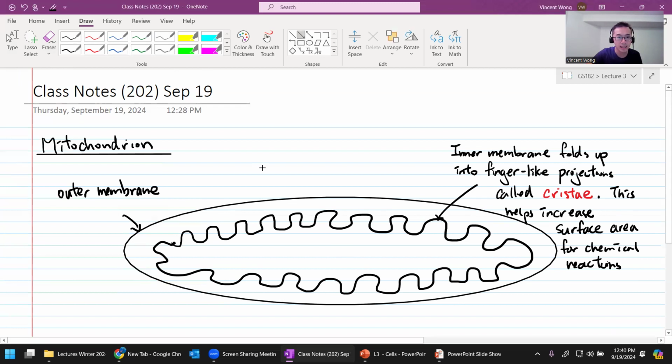Now, between the membranes, between the outer and the inner membrane, there is an area. Okay, that area is called the intermembrane space. Intermembrane means like it's between the membranes, essentially.